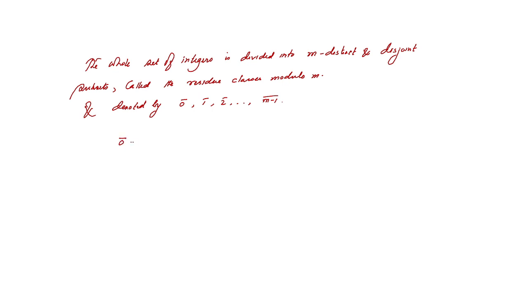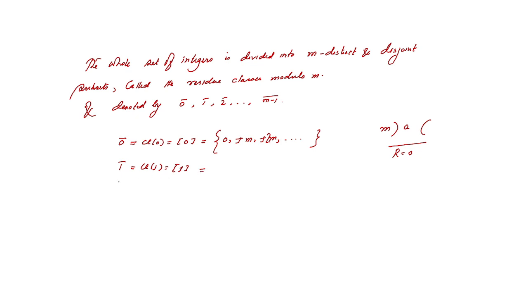Like here the 0 bar, this is also one class. We can write class 0 or write it in third bracket. That means if we divide an integer a by m, the remainder will be 0 always. So that will be 0 or plus minus m or plus minus 2m and so on. Class 1 means that if we divide a by m, the remainder is always 1.